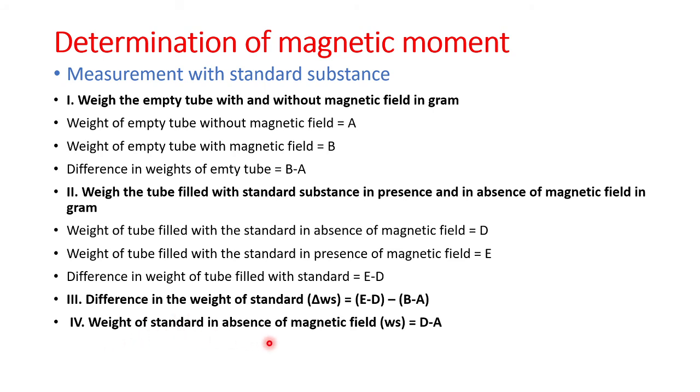The weight of the standard in the absence of magnetic field, Ws, is D minus A. So here we determine del Ws and Ws.